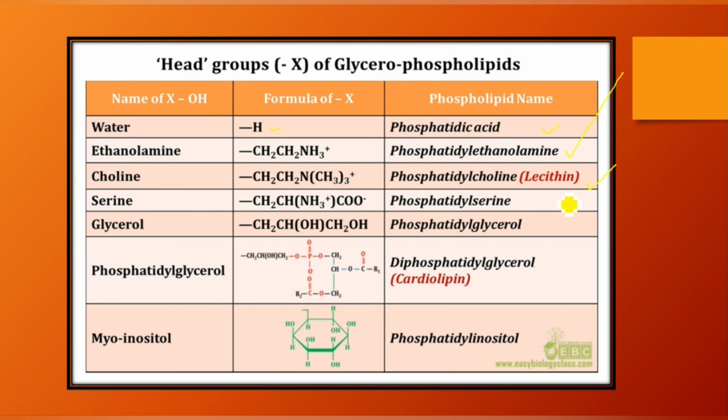If the ethanolamine group is attached, X group is ethanolamine, we can say it is a phosphatidyl ethanolamine. If a choline group is attached, we can say it is a phosphatidyl choline. Phosphatidyl choline is also known as lecithin. Further, if a serine group is attached, we can call it phosphatidyl serine. And if a glycerol group is attached, we can call it phosphatidyl glycerol.